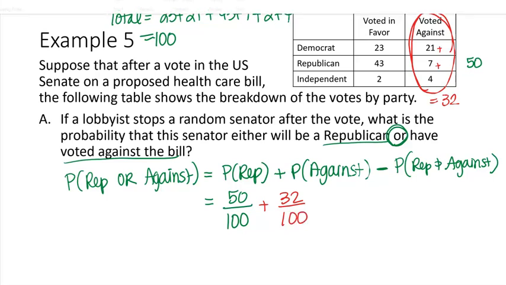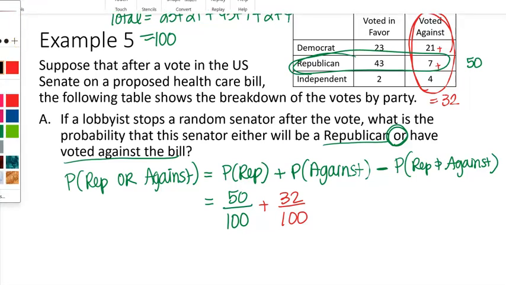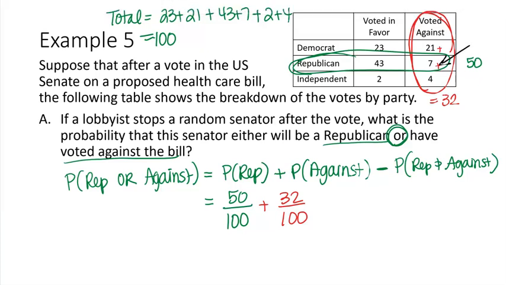The problem is when I did that, there were 7 people that were counted as the Republican and then counted again because they voted against. Well, those 7 people did not magically grow a twin, but right now they're counting twice. So I need to subtract that overlap back out.